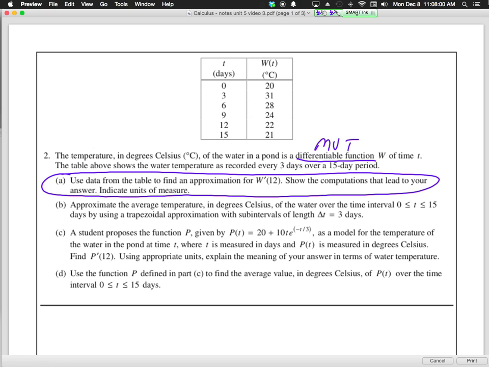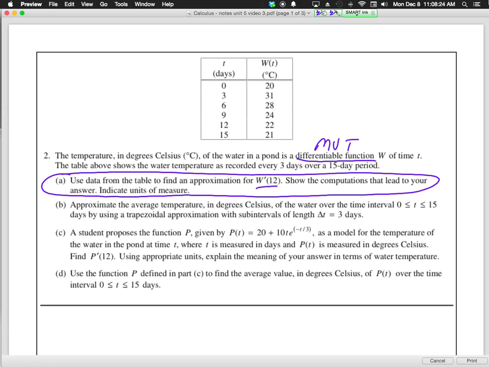All right. It says, use the data from the table to find an approximation of W prime of 12. Indicate units of measure in the computations that lead to your answer. What does W prime of 12 represent? IROC at 12. Okay? What is this table of, though?